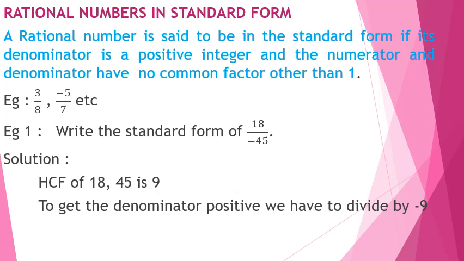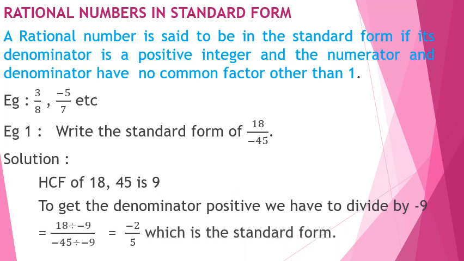Here the denominator has a negative sign, so you have to divide the given rational number by negative 9 so that the denominator becomes positive. So we get minus 2 upon 5, which is the standard form.